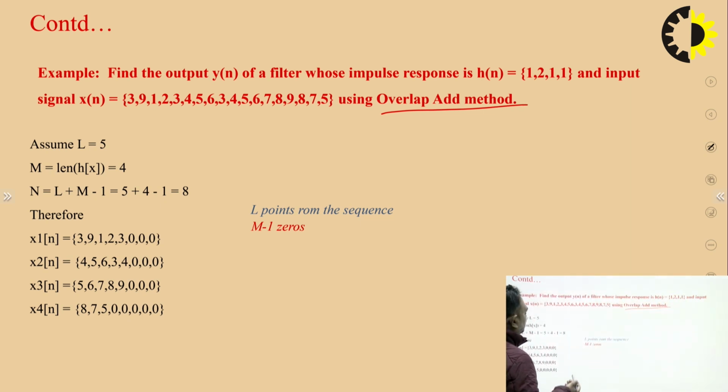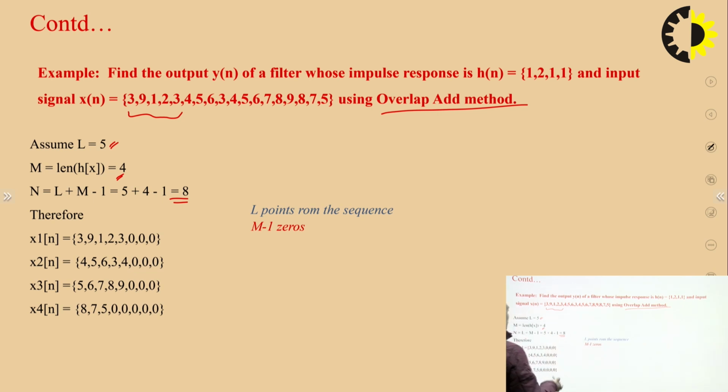The difference is in how we make the subsequences and how we combine the outputs. So here again we are assuming the length of the sequence, let us say 5, we are taking 5 samples at a time, and the length of the impulse response is 4. So N will become 8, which is the length of the linear convolution of these 2 sequences.